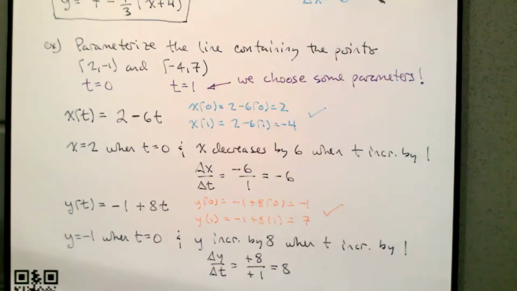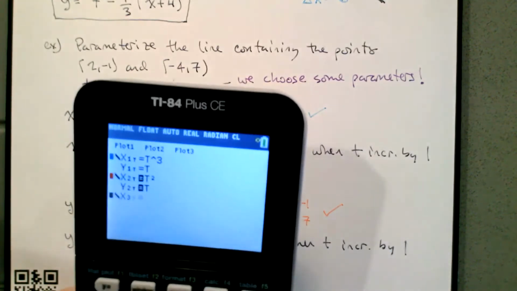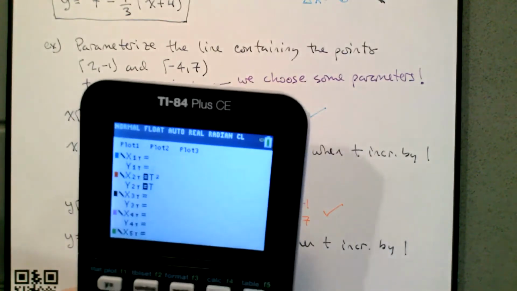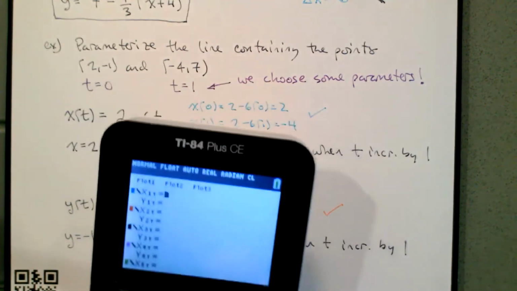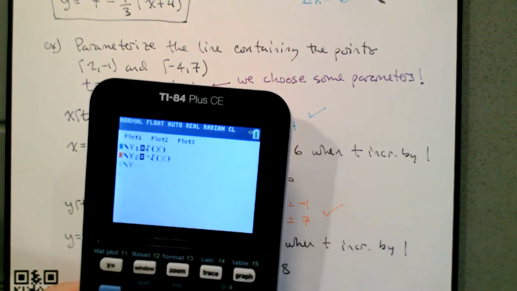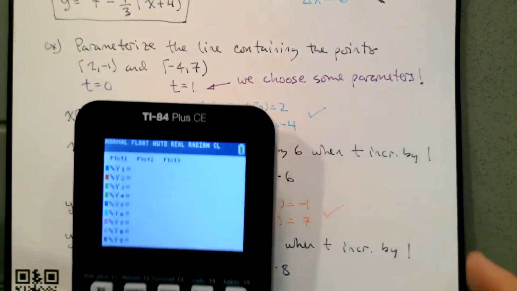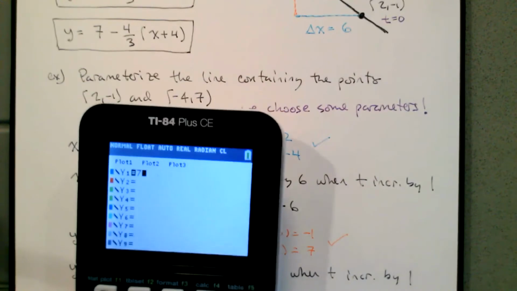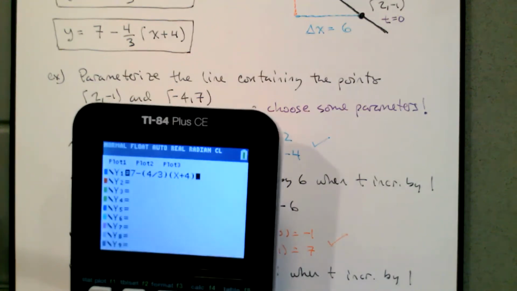If we check this out on a calculating machine, first let's look at, in function mode, the graph y equals 7 minus 4/3 times x plus 4.